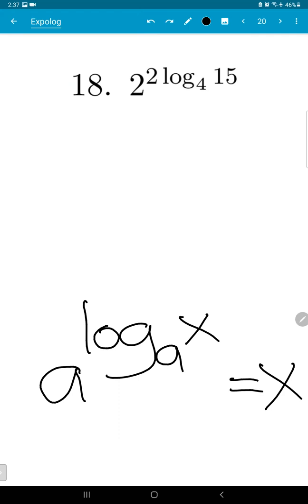But there's a trick here in this question. You can make them both in base 4. Naka-base 4 na to. So yung isa, kailangan ma-base 4. That's the thing you have to do.